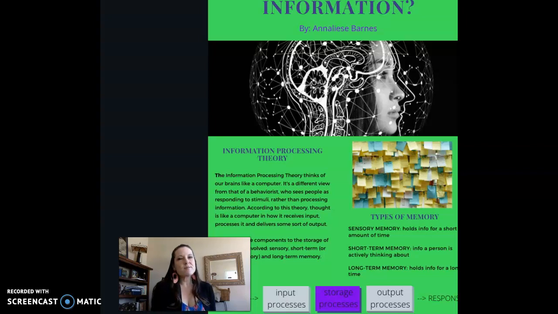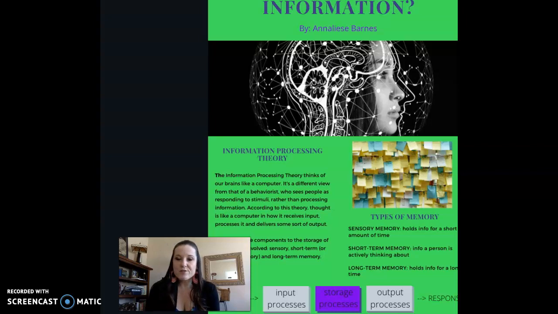Furthermore, there are some techniques we can use to try to retain that information for the long term. Chunking, so that's something that teachers can teach their students, where you're grouping similar information together. It goes beyond rote memorization, but it's a way to get people to meaningfully remember something.